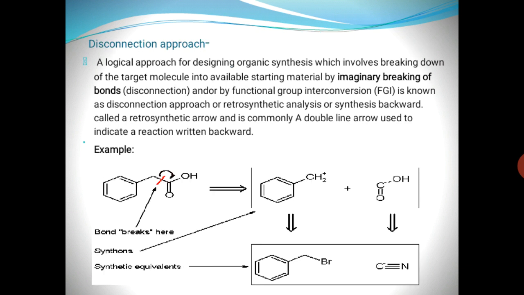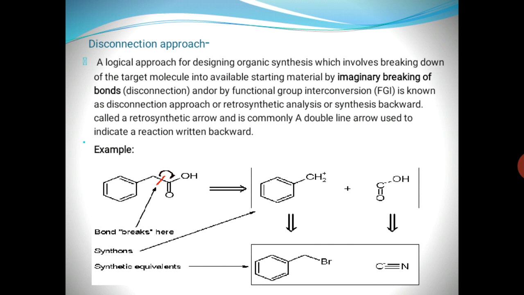Now the next point is disconnection approach. It is a logical approach for designing organic synthesis which involves breaking down the target molecule into available starting material by imaginary breaking of bonds, that is disconnection, and functional group interconversion, that is FGI. It is known as disconnection approach, retrosynthetic analysis, or synthesis backward.